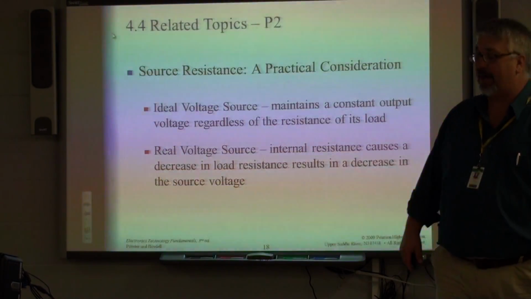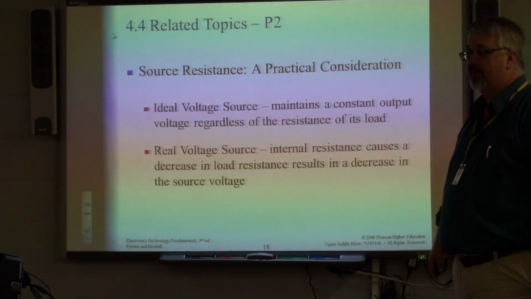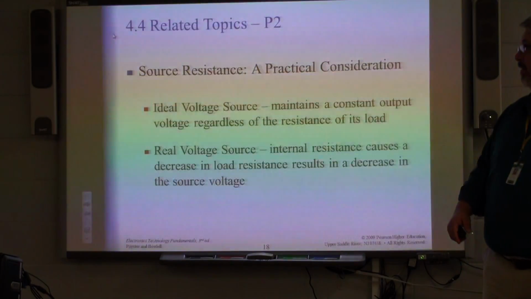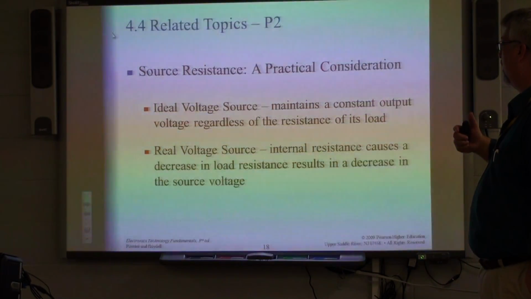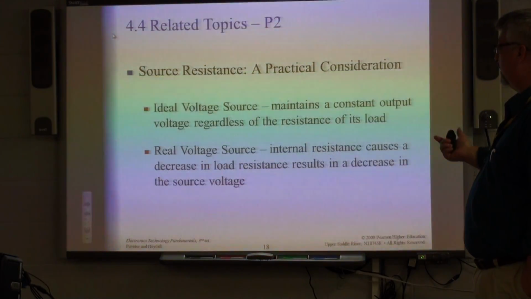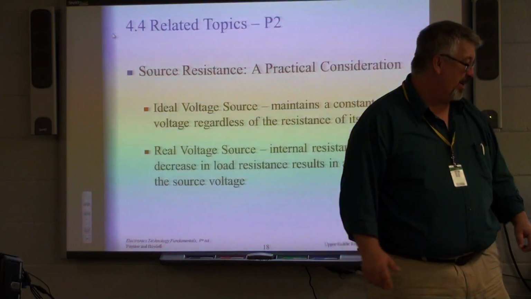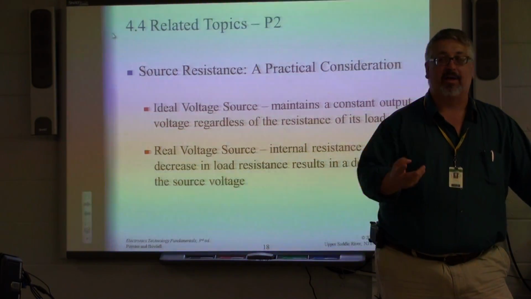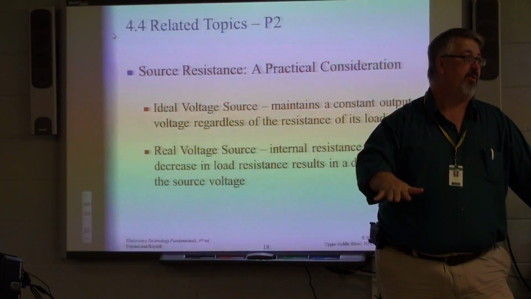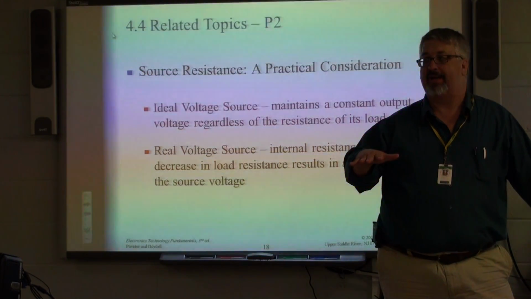All right, let's talk about this right here. An ideal voltage source maintains a constant output regardless of the resistance of its load. Versus a real voltage source, where the internal resistance causes a decrease in the source voltage as load resistance decreases. All that simply means is, if we have an ideal voltage source, when we plug a load into it, we won't see a drop, but in reality, most things are not ideal.